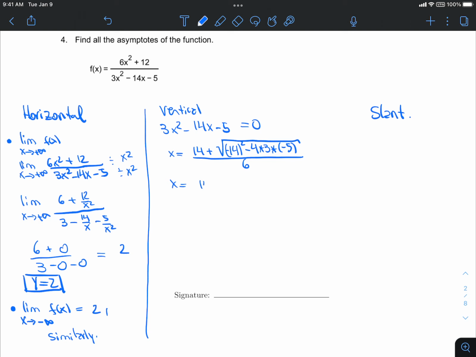So x is 14 plus or minus, so 14 squared is 196, I think. I'll check on my calculator just to be sure. Right, it is 196. And then minus plus minus, that's a plus. We have then 4 times 3 times 5. That's 60.